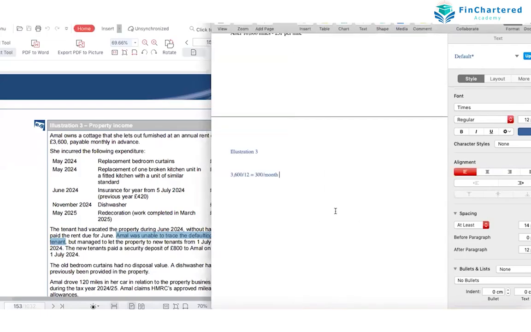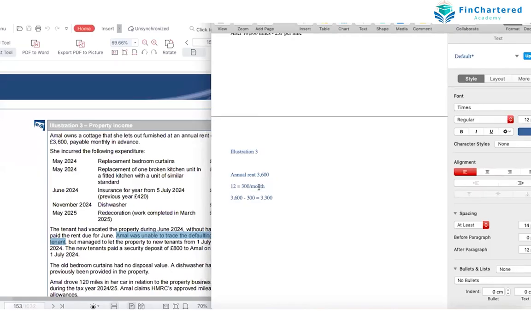So out of 3,600, one month's rent I did not get. Therefore, only 3,300 is the amount that we received. Annual rent is 3,600.